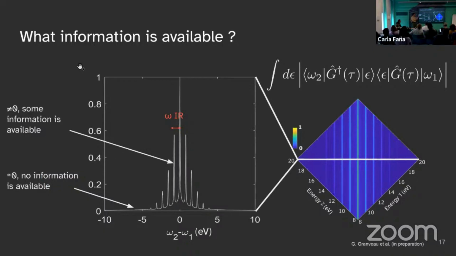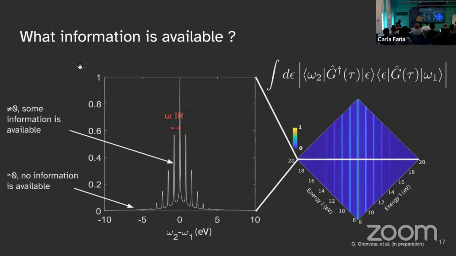And so we can see, here we put in line arts of this function as a function of magnitude. You can see that it's made of spikes spaced by 1 photon. In the spikes there are a lot of interferences, and so we can see that when omega 2 minus omega 1 is equal to 1 photon, there is a lot of information about this part.